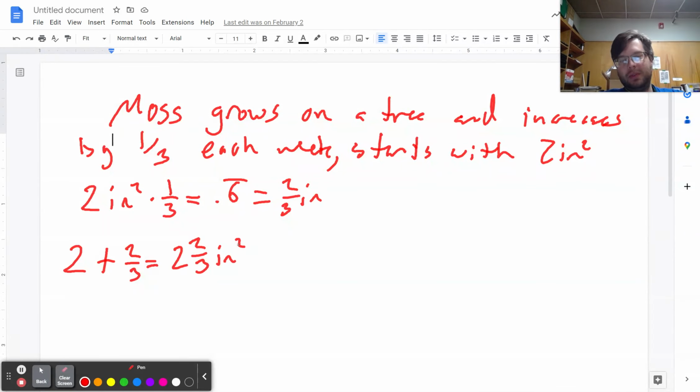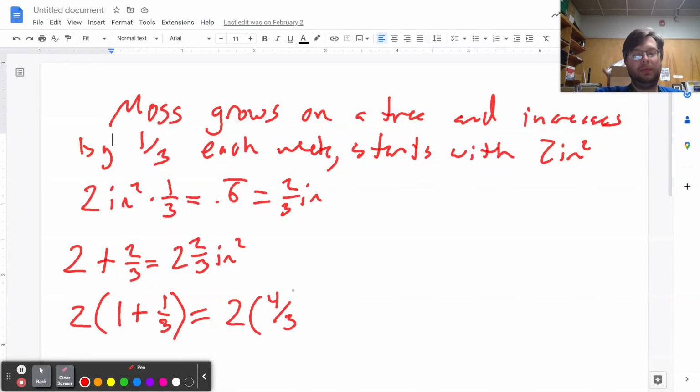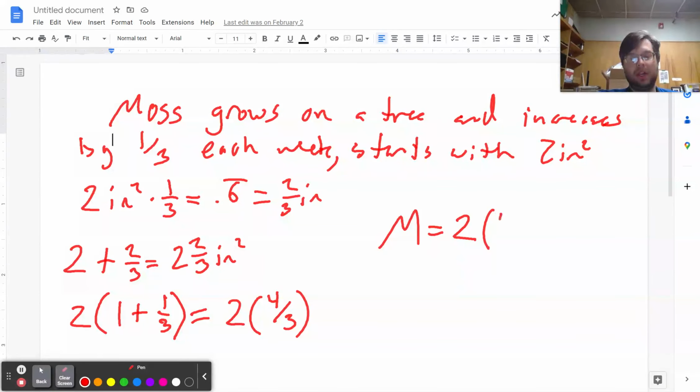But I hope by now you're kind of familiar with what's going on here, that we can factor that to be 2 times 1 plus a third, or 2 times 4/3. In general, the amount of moss that you have is going to be 2 times 4/3 raised to the number of weeks right there.